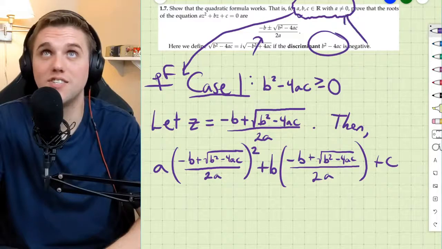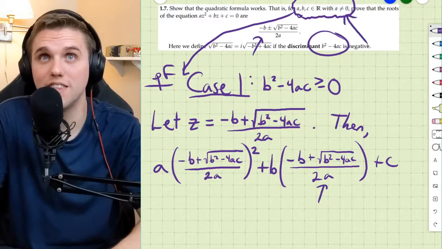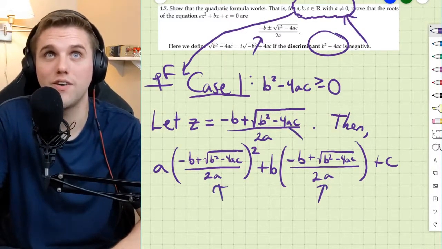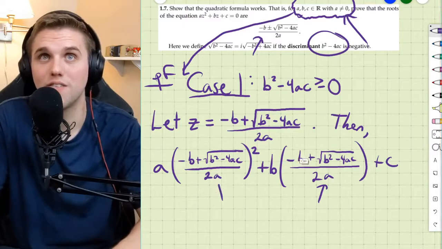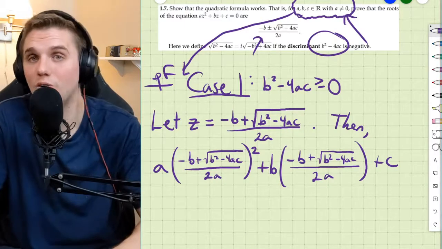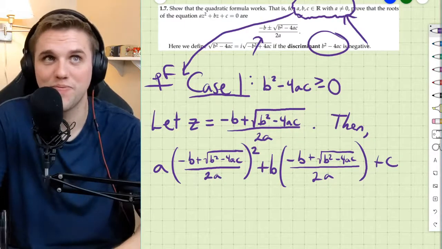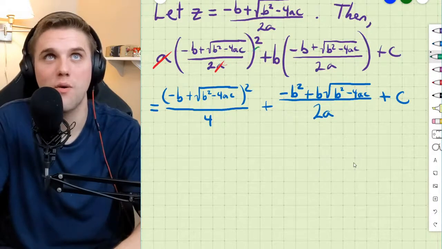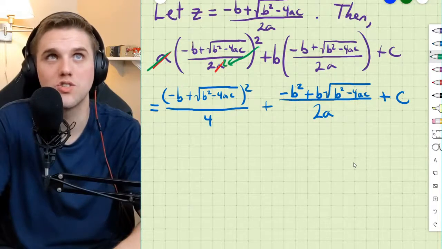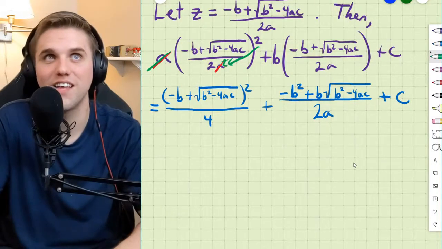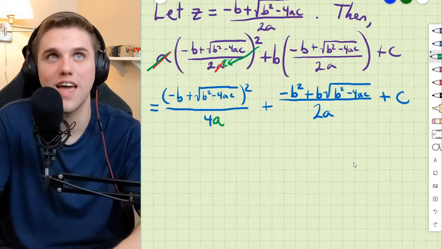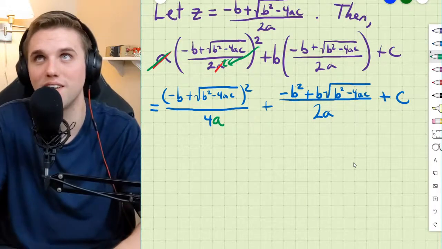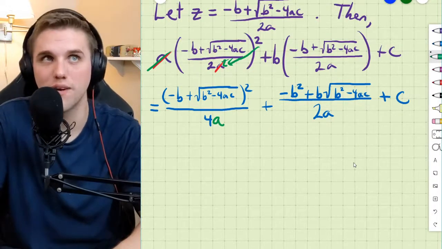Now, a is non-zero, which means that these values here are all real numbers. They all work still. So to be careful now, if I were to square that a, that would be an a squared. And so the a would only cancel with the squared part. And so we would still have an a in this denominator. Let's keep going.